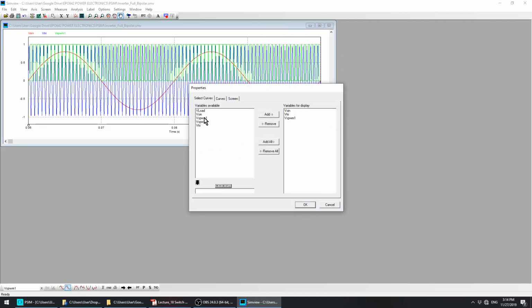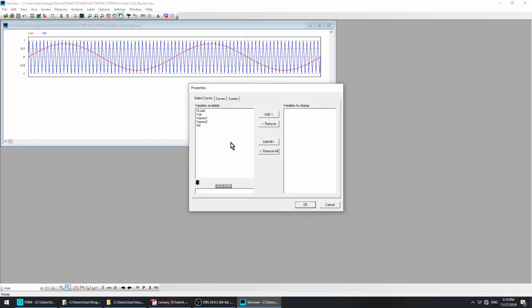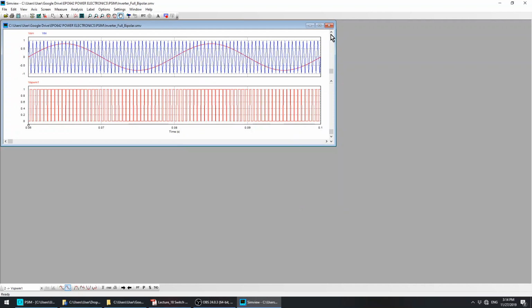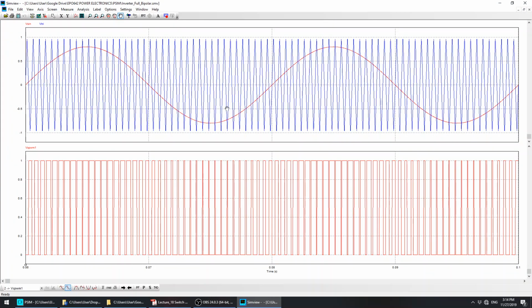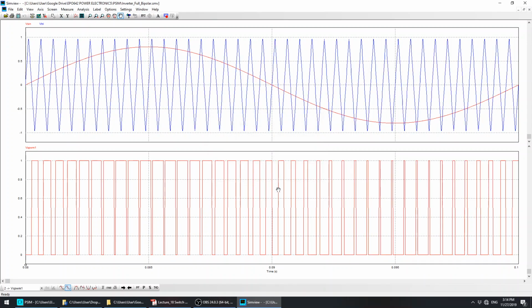I think I have to remove SPWM and add another screen with only SPWM. Alright, so this is the PSIM simulation of the bipolar PWM.